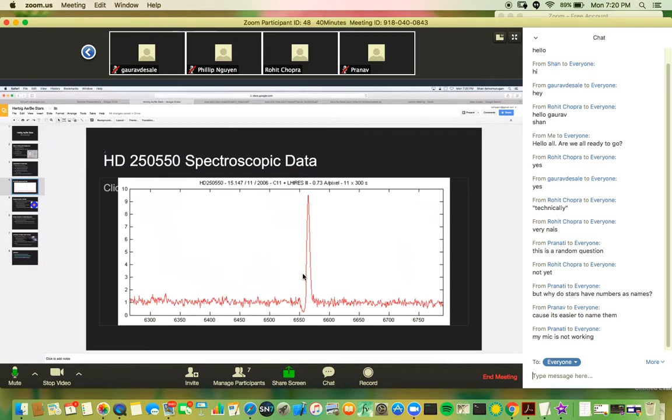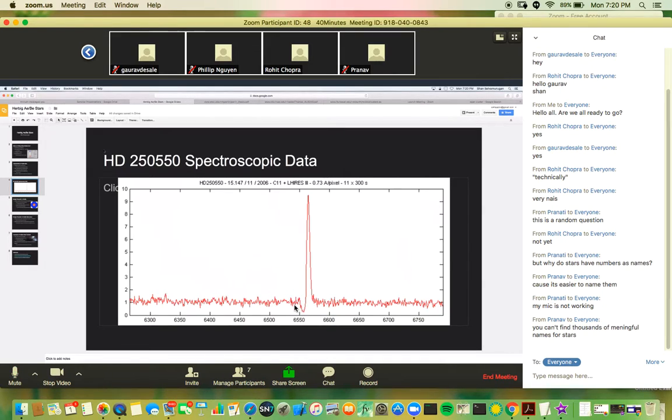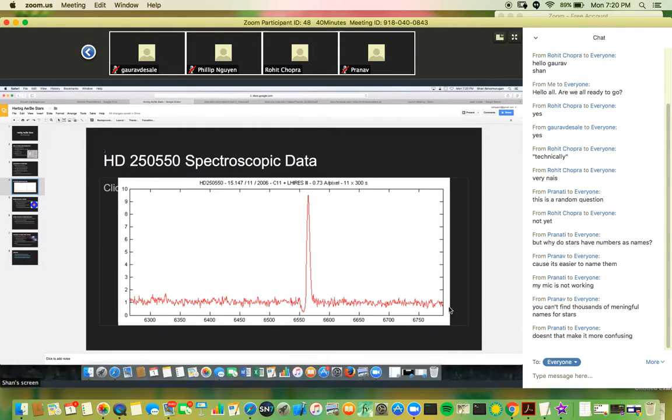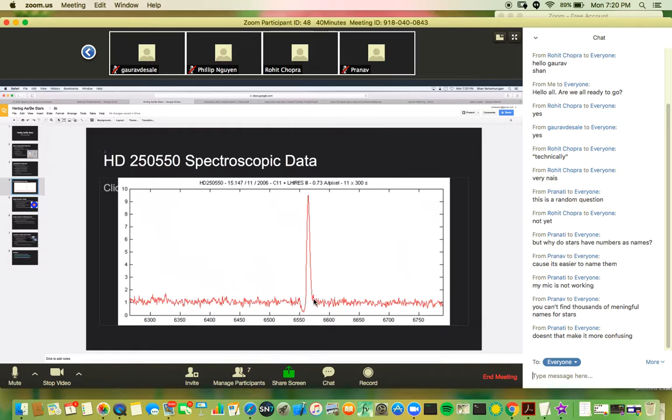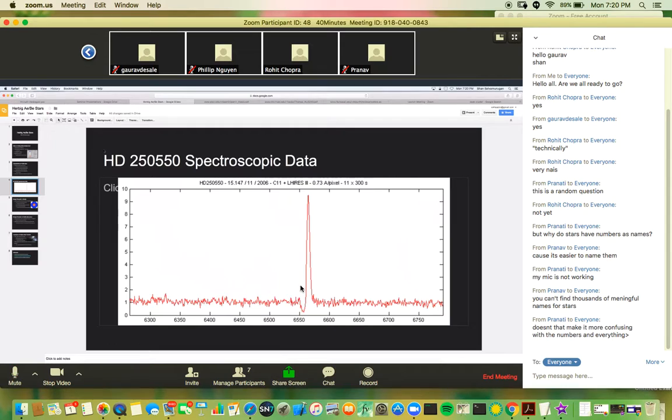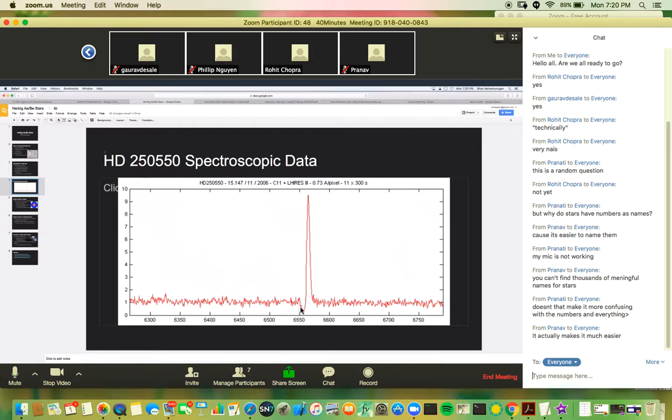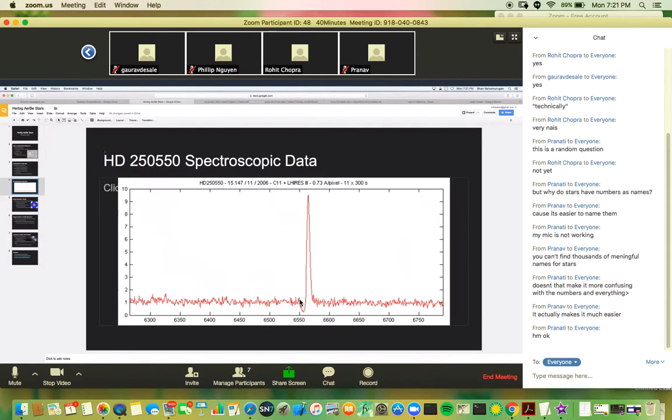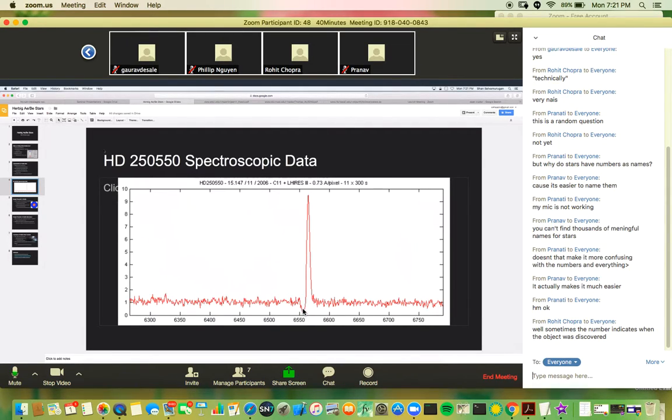And this is one of the classical profiles called P Cygni profile, which always comes with emission on the right hand side and an absorption in the blue part of the spectra. So you have more of the emission, and towards lower wavelength you have this absorption.